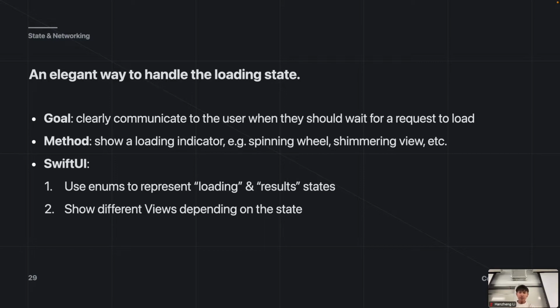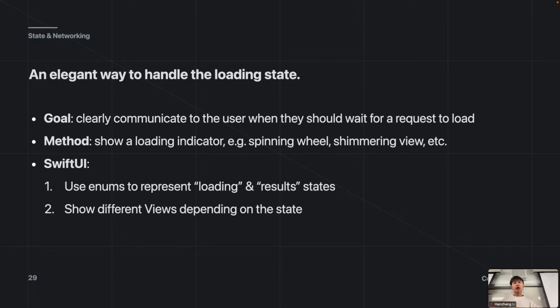Our goal is to clearly communicate to the user that something is processing in the background and they should be waiting, and not be impatient, right? So this is where you would have something like a loading indicator, a spinning wheel when your YouTube video is buffering, or a shimmering view that changes from dark to light to show that maybe an image is loading.